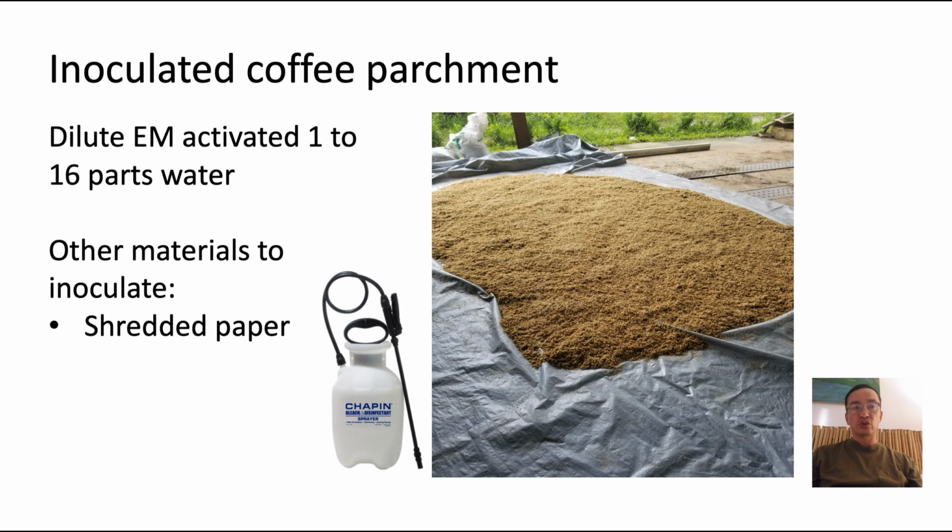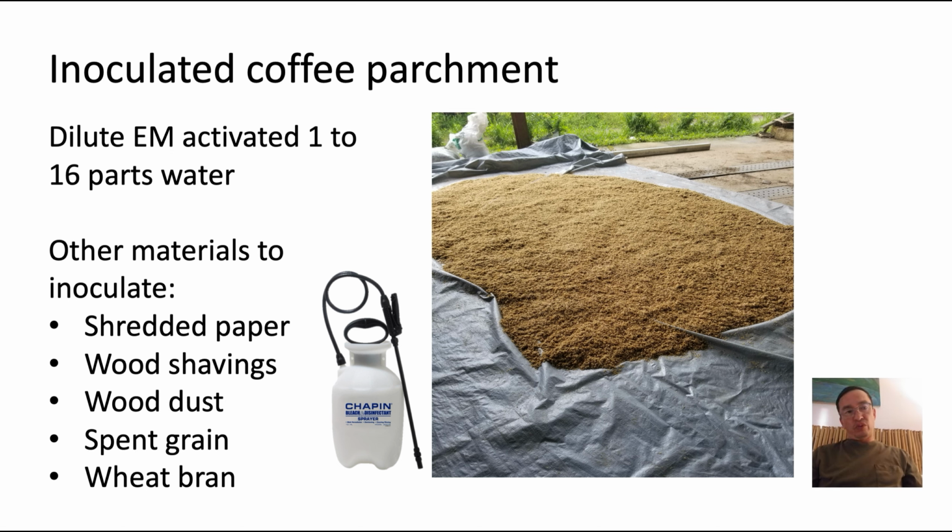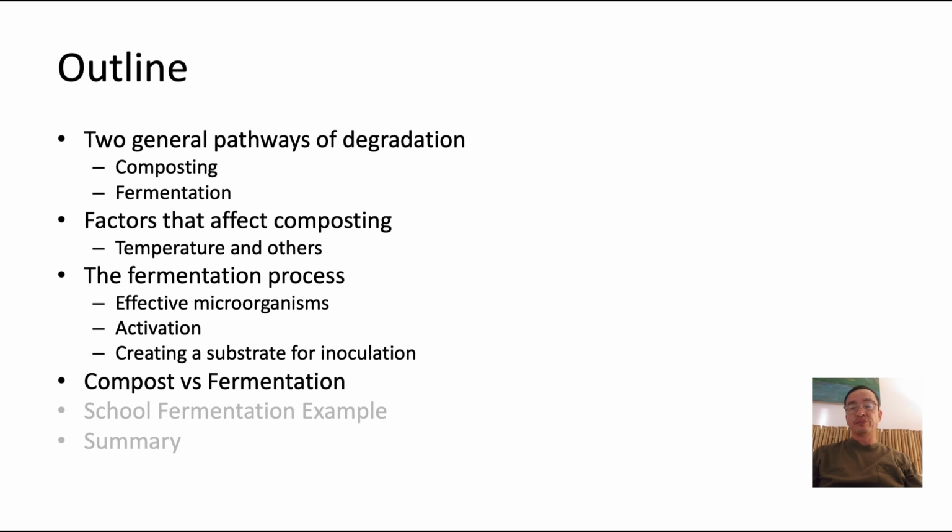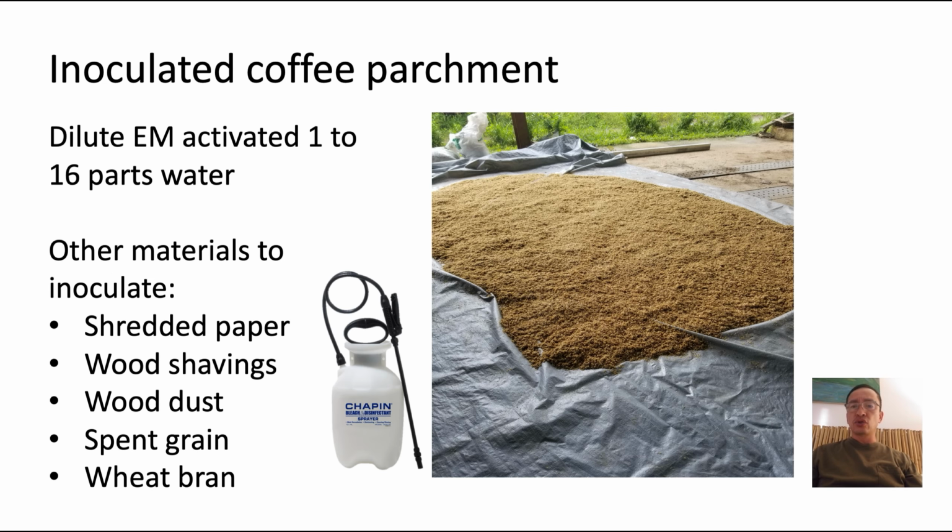And you can use shredded paper, shavings, dust, spent grain, wheat bran, and many other organic things that you can later use to spread in organic materials. Okay, let's go back a little bit. Why would you do that? Let's say you have chickens.